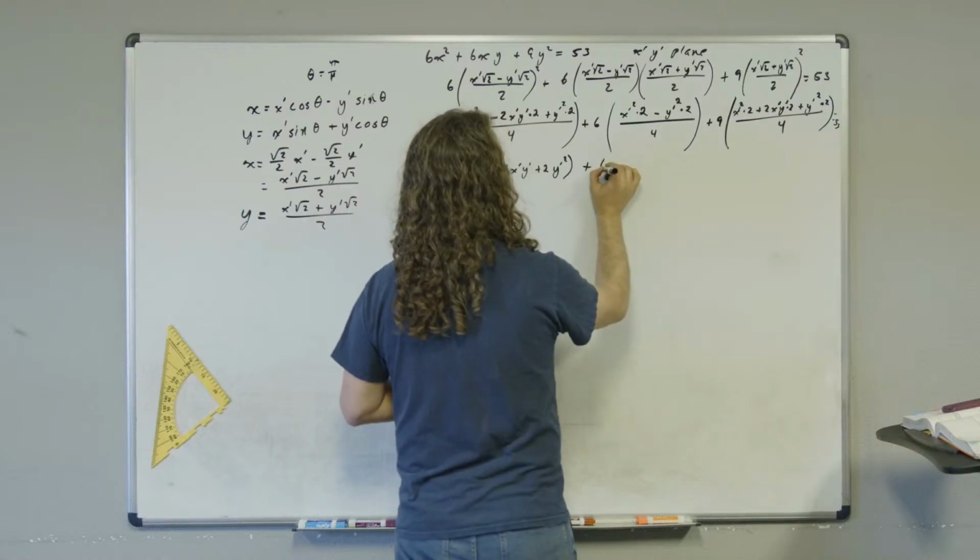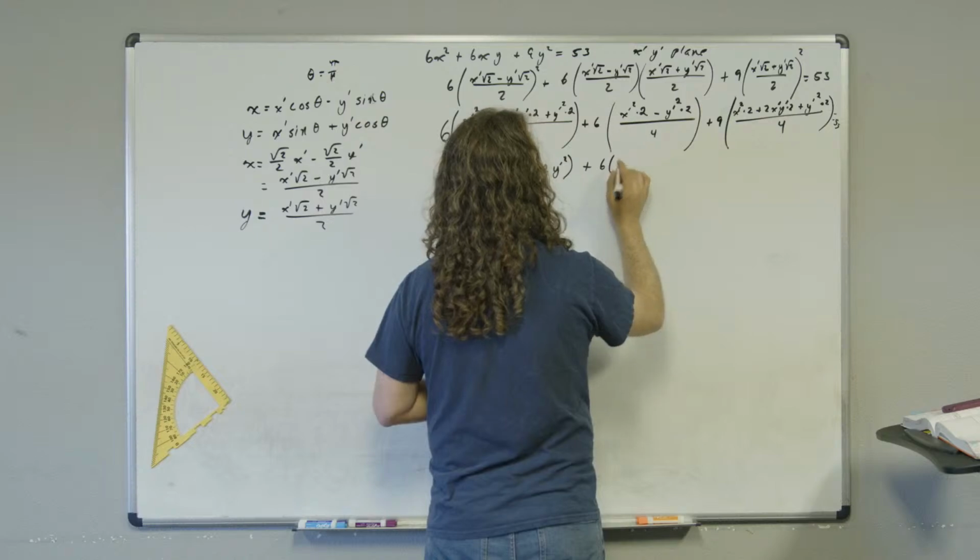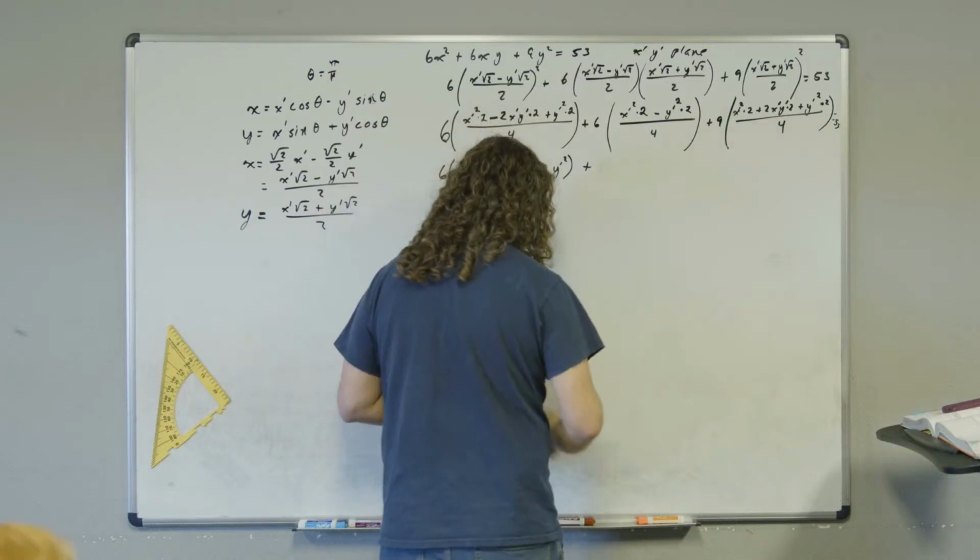Plus 2 times y prime squared, plus 6 times, probably could go ahead and distribute that one, right?